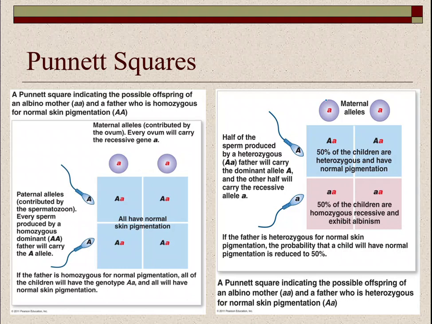What do geneticists use in determining these probabilities? Well, we can use a Punnett square. So a Punnett square is very helpful in determining the different inheritance of dominant and recessive traits, and also traits that are associated with the sex chromosomes.